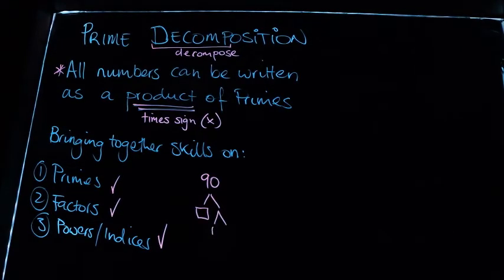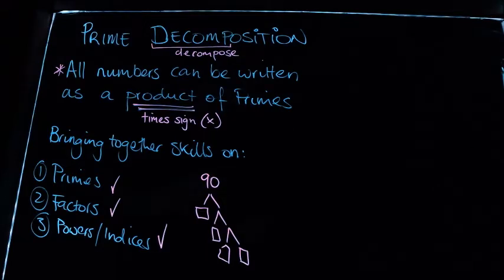As we make a fork, we try to put a prime number on those branches, and then it's an easy job to read them off. However that looks, that's okay. People will see different things, and I'm just going to show you a nice, neat way, I think, to do some of this work.